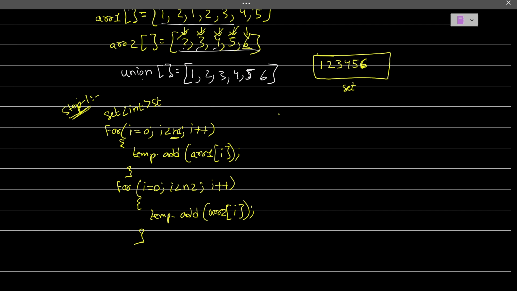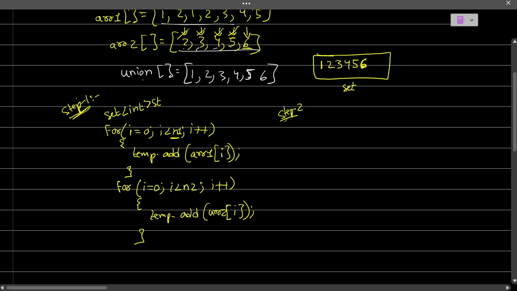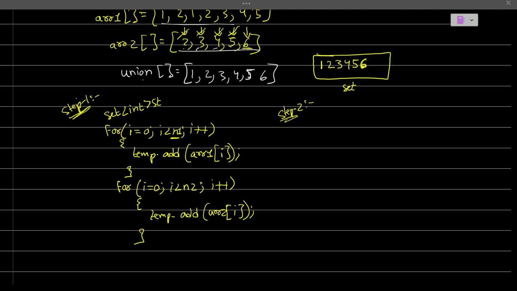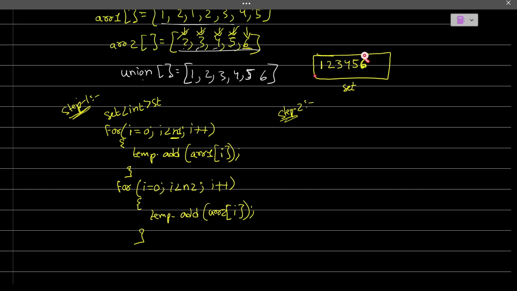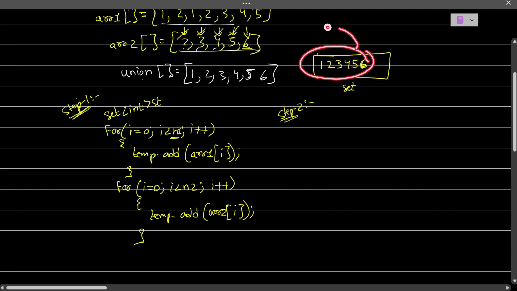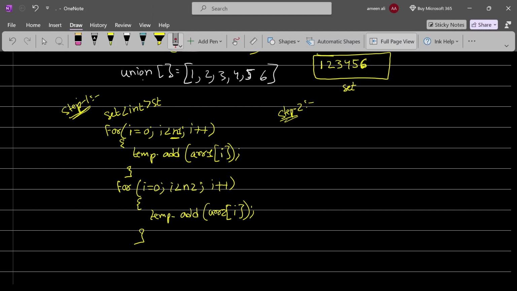What am I going to do in step two? It's simple. I'm going to take all of the set elements and insert them into the union array. Let's try to do this.